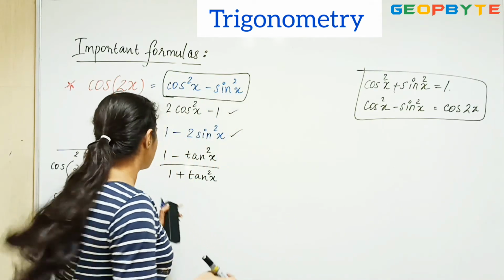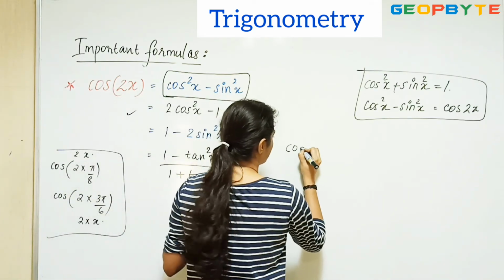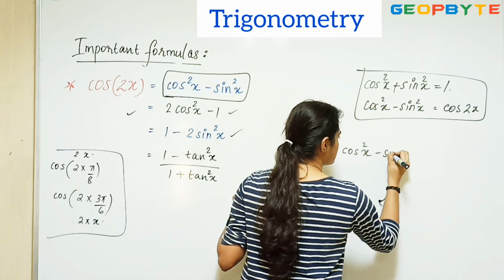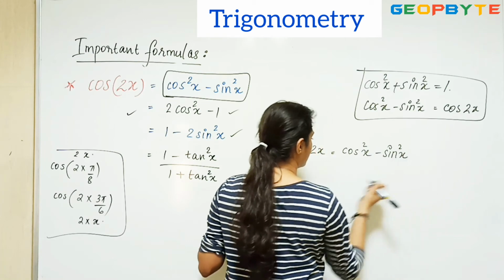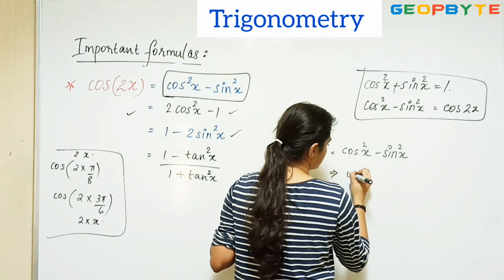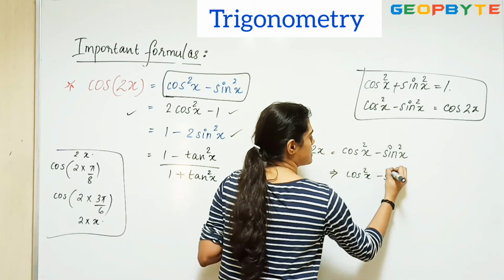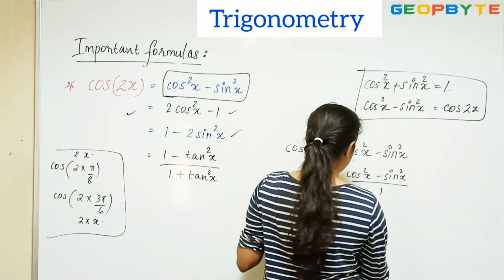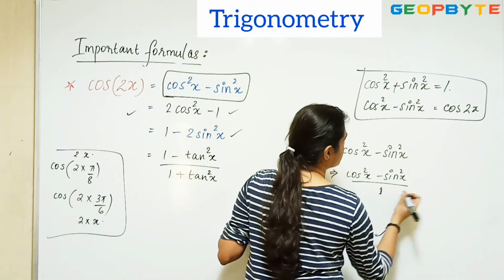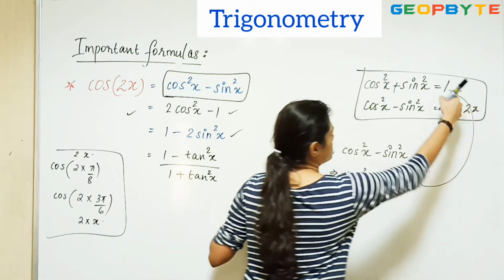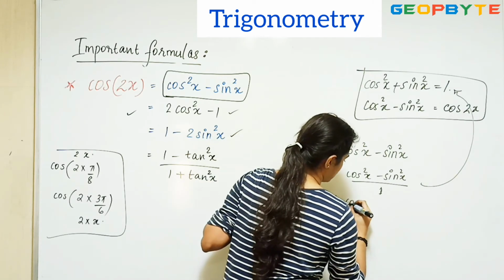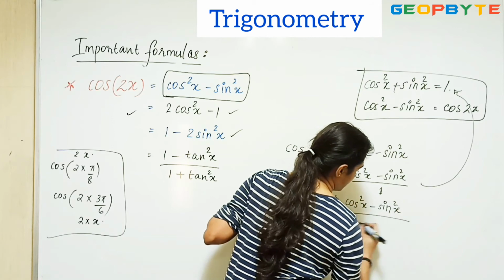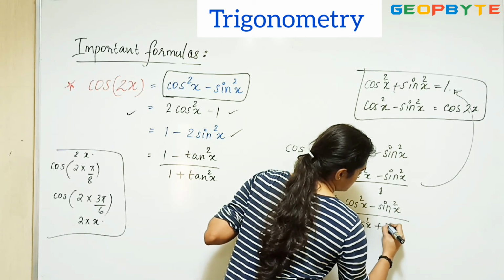Now we will have the third formula. For getting that, cos 2x can be written as cos square x minus sin square x, right? But this can also be written as cos square x minus sin square x by 1. No change. But what is 1? Sin square x plus cos square x. So cos square x minus sin square x divided by cos square x plus sin square x.